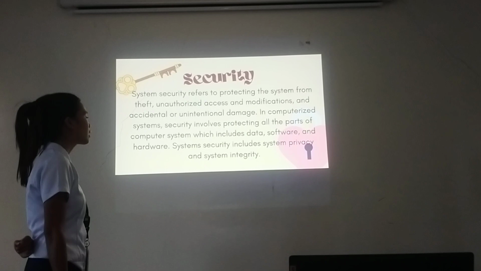Next is control measure. There are a variety of control measures which can be broadly classified as follows: backup, physical access control to facility, and using logical or software control. Risk analysis.